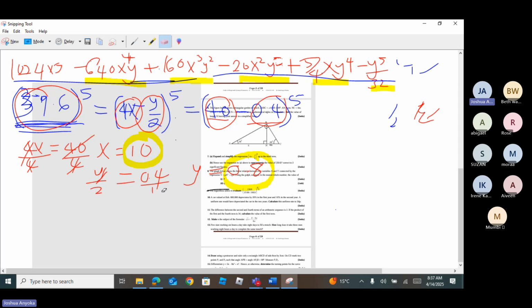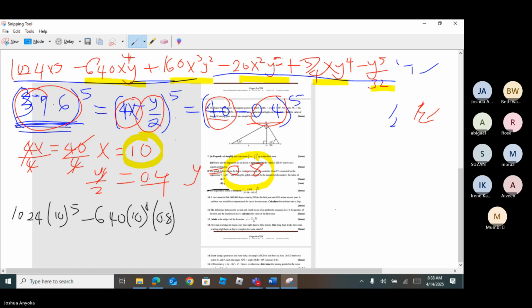I will substitute and then you launch for me the answer immediately because we have calculators. 10 to the power 5 into 1024, minus 640 into 10 to the power 4 and then 0.8, plus 160 into 10 cubed and 0.8 squared, plus 20 into 10 squared, then 0.8, and so on.